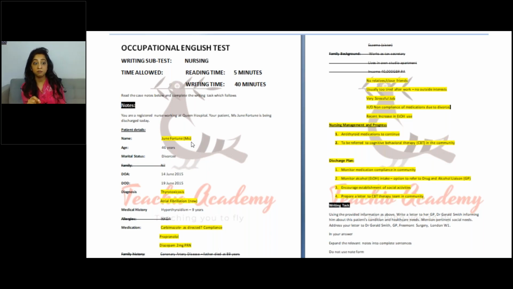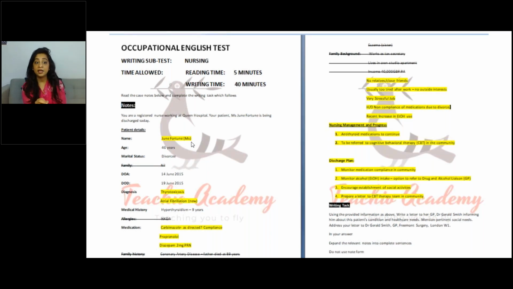Then I've highlighted the fact that this patient was diagnosed with thyrotoxicosis and new onset atrial fibrillation because that was important. I haven't really highlighted the medical history of hyperthyroidism since 9 years because that's something that the GP would already know.